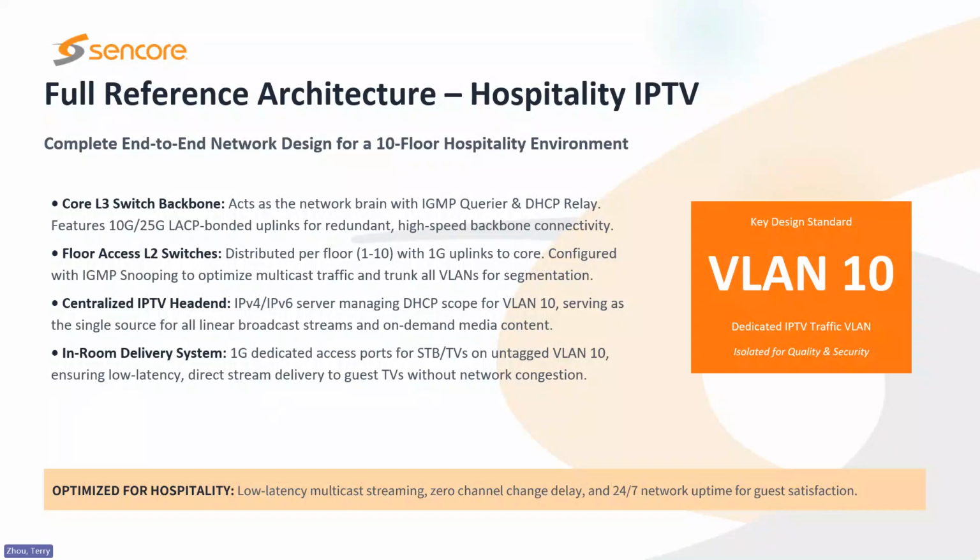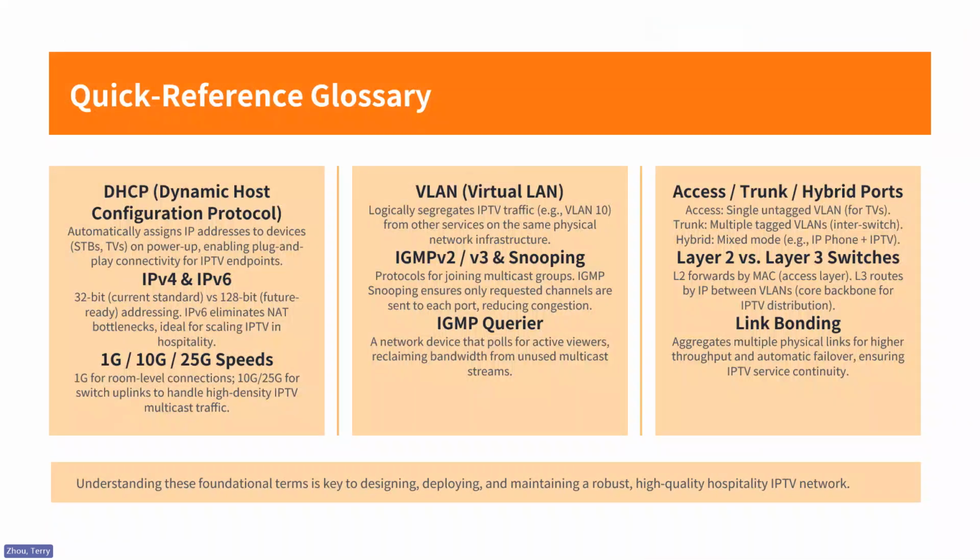So this is a glossary for the webinar: DHCP, IPv4, IPv6, 1G, 10G, 25G, or even 100G. VLAN separation increases the security of the network. IGMP v2 and v3, and the IGMP query, control the multicast IP stream.